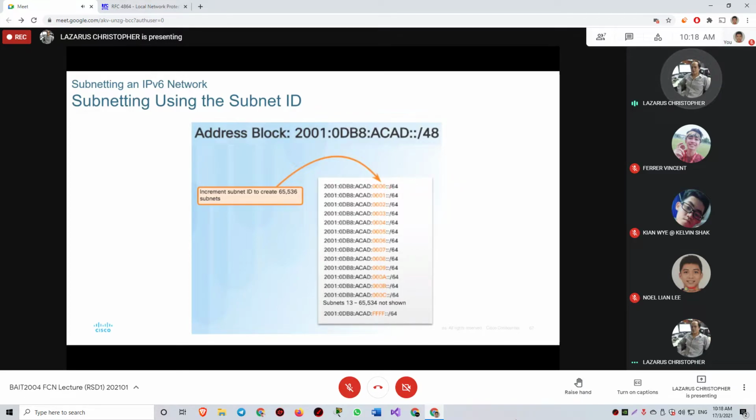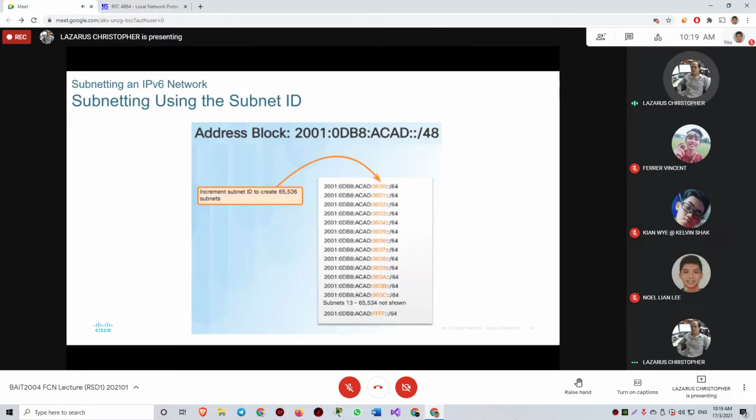And in IP version 6, there is a protocol that runs inside the subnet to ensure there is no duplicate address, right? So there's a lot of protection in terms of not having duplicate addresses.